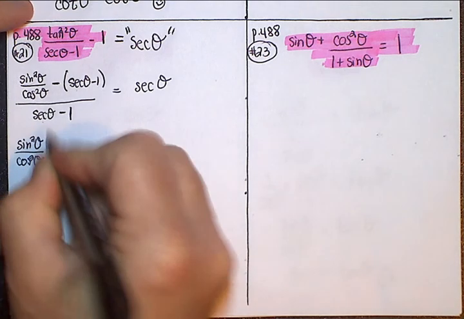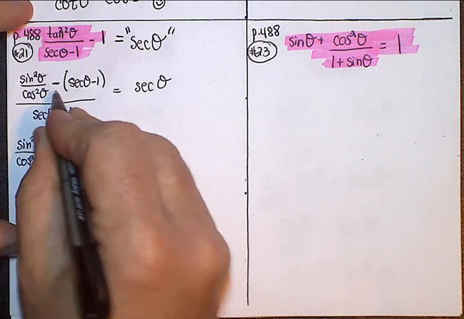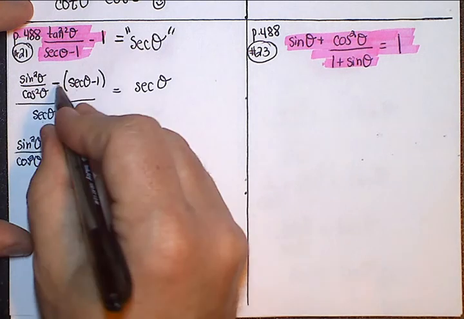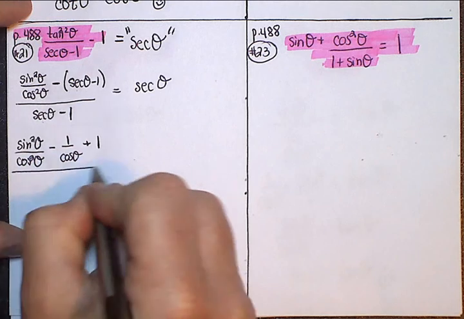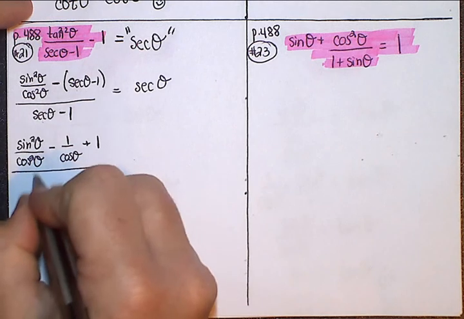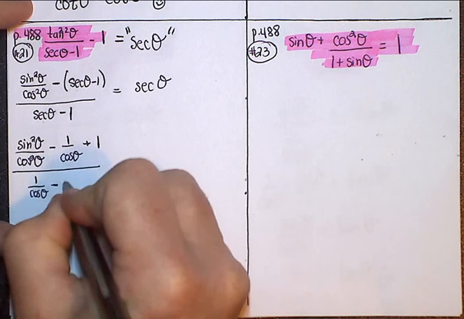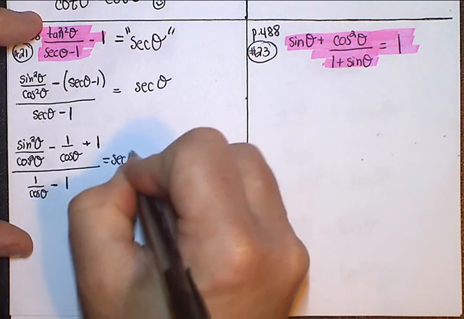That's just rewriting that. Minus, this secant is going to become 1 over cosine theta. And then that minus times that minus is a plus 1. And then all that is going to be over, I'm going to change this secant to 1 over cosine theta minus 1. And again, all this is supposed to be secant theta.